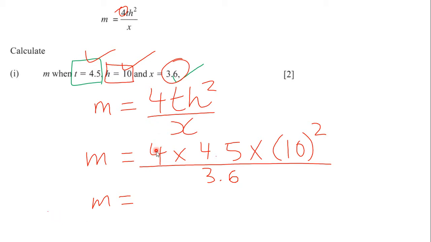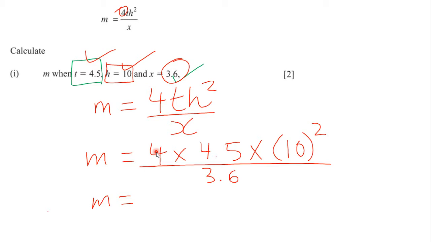So we have to figure out what is 4 times 4.5 times 10 squared. I'm going to use my calculator to evaluate 4 times 4.5 times 10 squared.